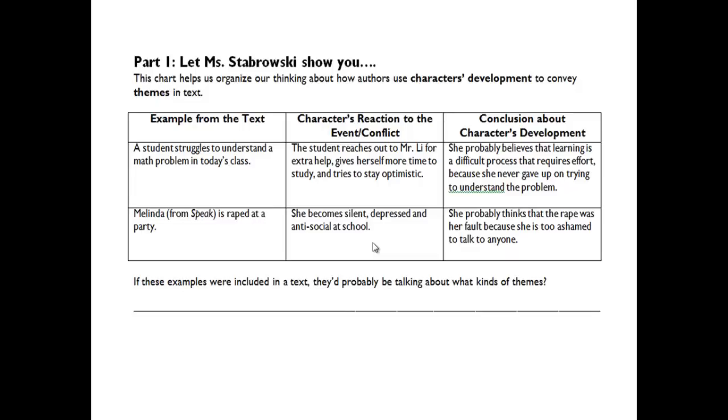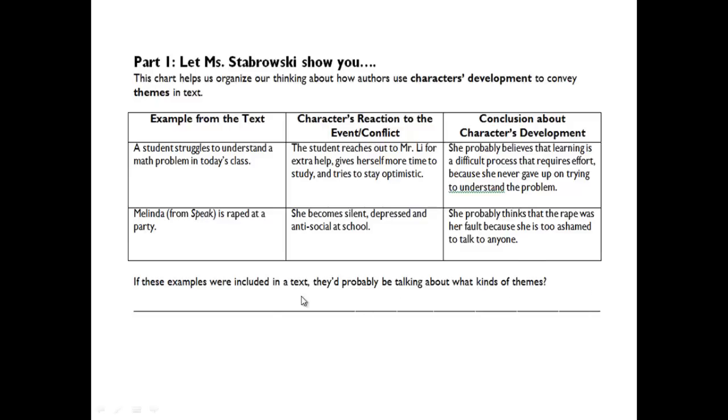So as good readers, our job is to take an event in the text, identify how a character reacts to it, how they behave, the words that they say, and then to make a conclusion. What can we understand as a result of the event and the character's reaction?